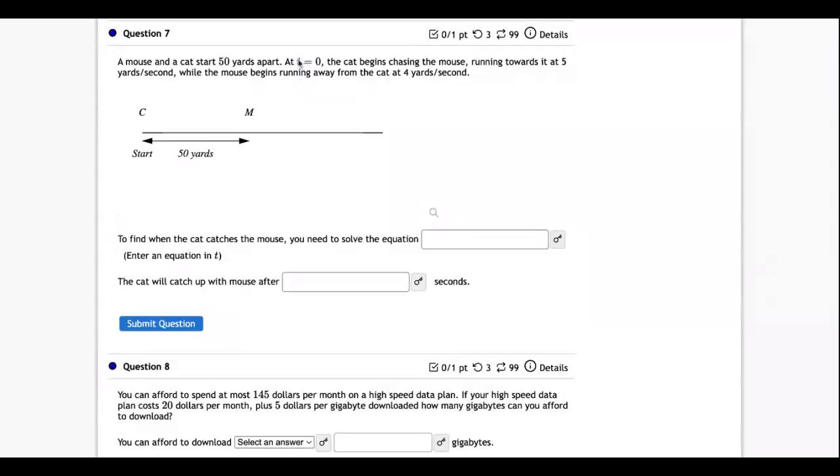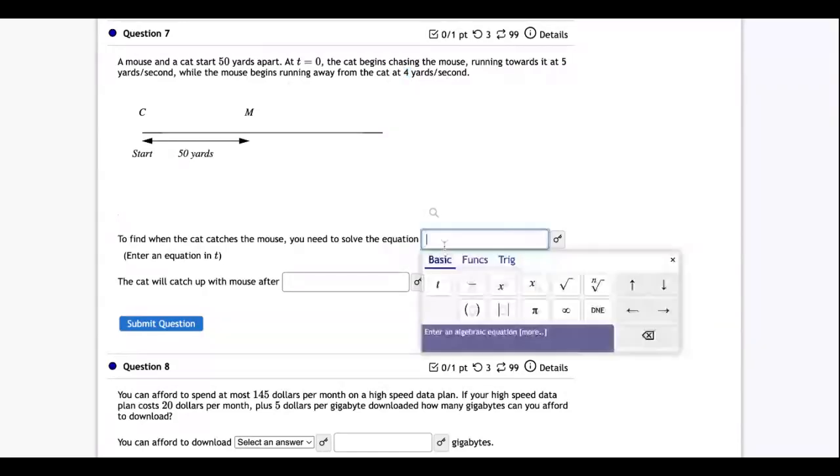So t is time. We need to make an equation because we have t already, right? So when the cat catches the mouse, what is the cat's speed? Cat speed is 4, right? 4 times t, that's his distance.